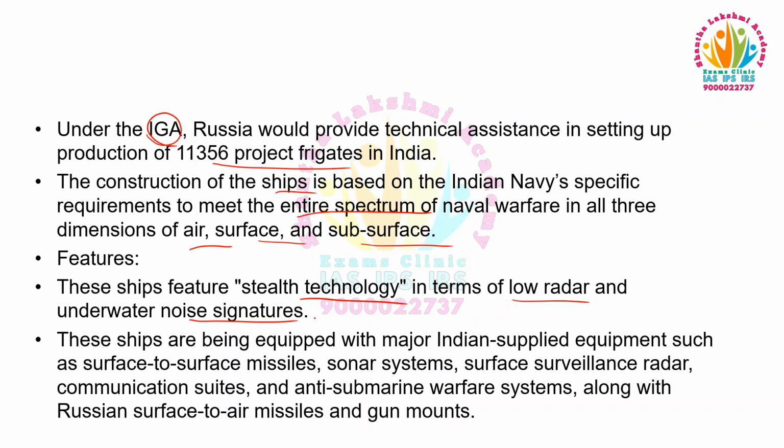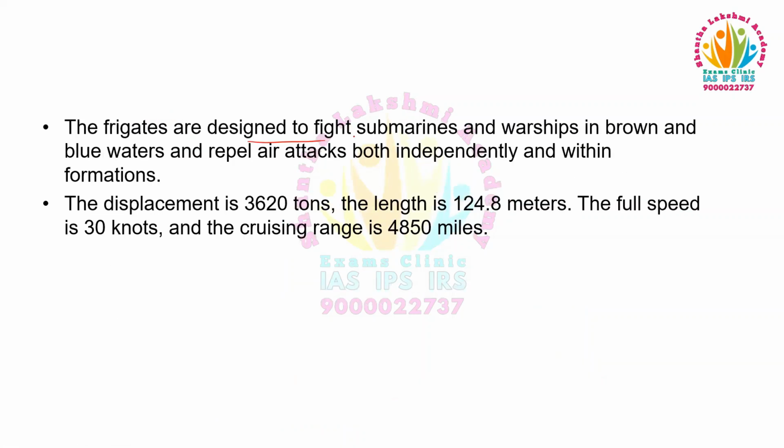These ships are being equipped with major Indian supplied equipment such as surface-to-surface missiles, sonar systems, surface surveillance radar, communication suite, anti-submarine warfare system, along with Russian surface-to-air missiles and gun mounts. The frigates are designed to fight submarines and warships in brown and blue waters and repel air attacks both independently and within formations.